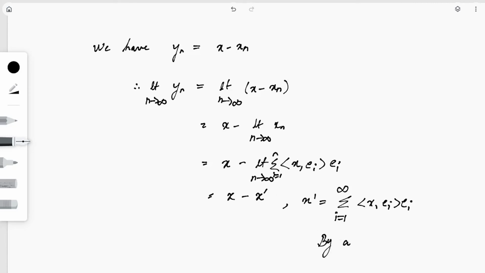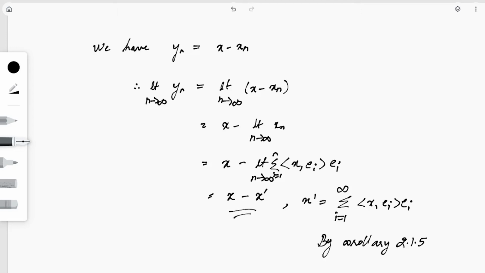By corollary 2.1.5. If you refer to this corollary, you can say that for any x, we can always find an element x dash such that x dash is expressed in this form. So this limiting value actually exists, right?